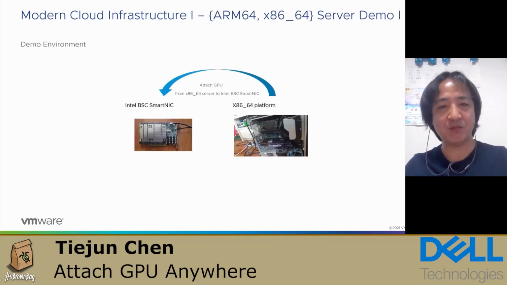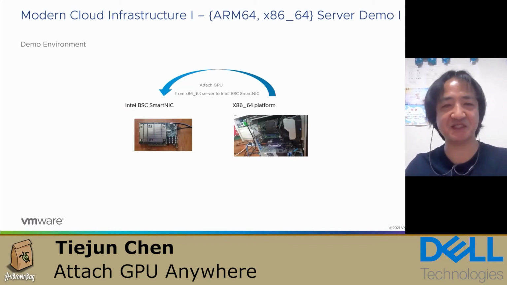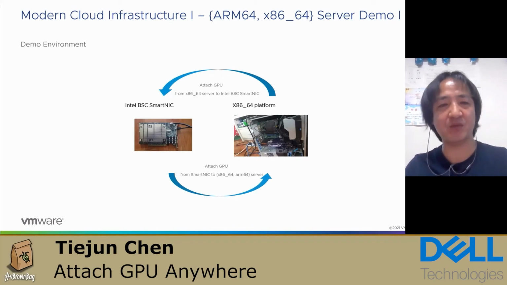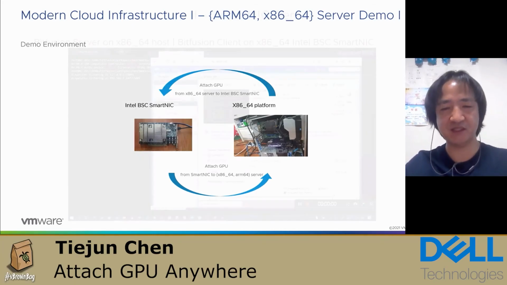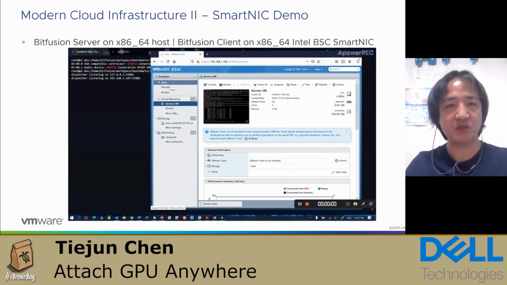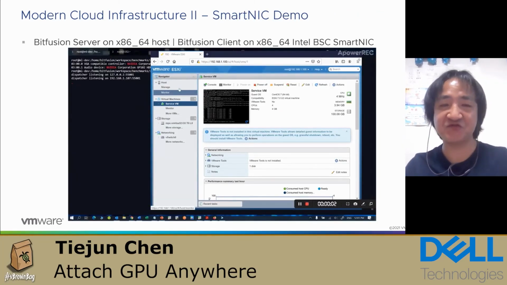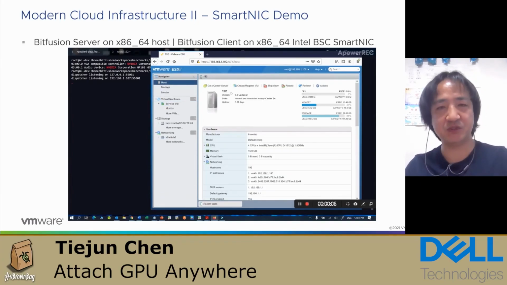I also have a demo. I will show I can attach GPU from an x86-based host to this Intel FPGA SmartNIC. About attaching GPU from the SmartNIC to the host, we are waiting for the hardware to be available, but technically it's not a problem. Okay, in the video, the black background is from that ESXi running on the host.